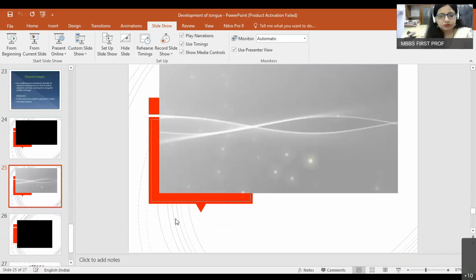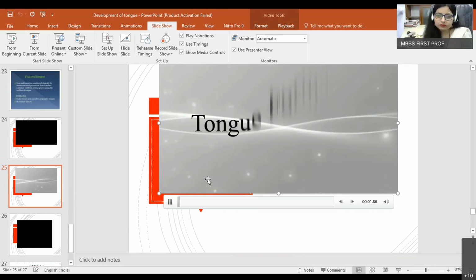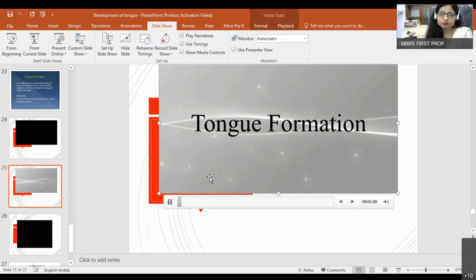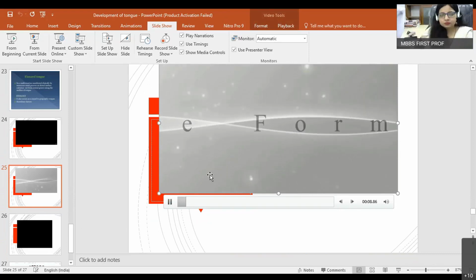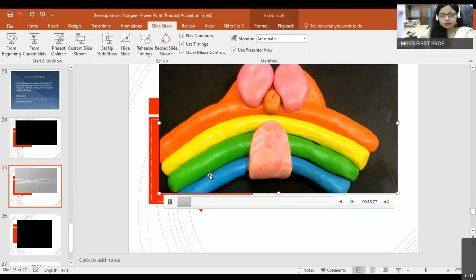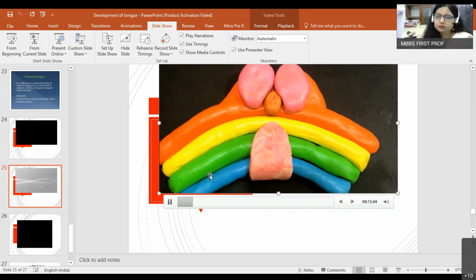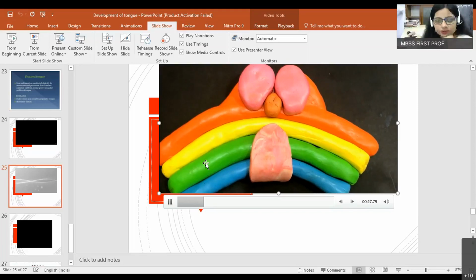Coming to the video, she has used clay to show you different colors and how the tongue is formed.